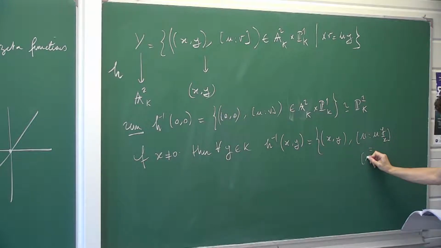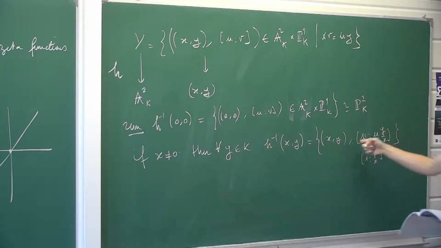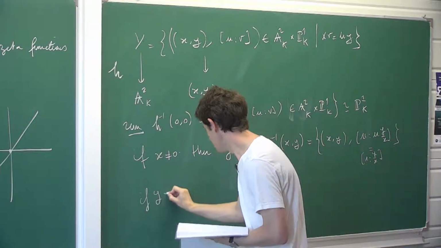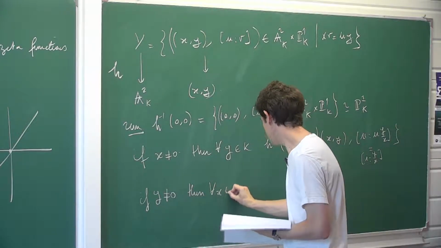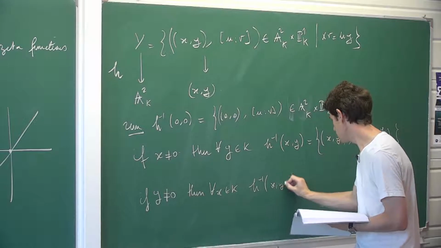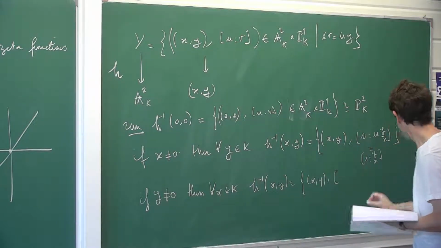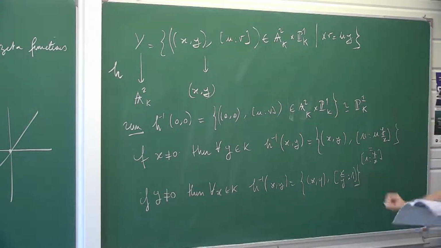This is the point (1 : y/x). So you see that the inverse image of that point is just one point. And also if y is different from 0, then for any x in K, the inverse image of (x, y) is also one point, which will be x over y, like this.